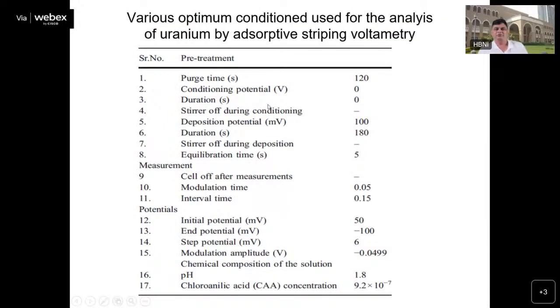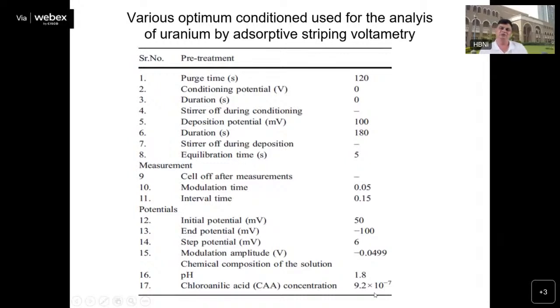see, these are the various parameters: the pulse time, conditioning voltage and durations, stirring during conditioning, deposition potentials and durations, stirring during deposition, equilibrium time, measurement cell after measurement, modulation time intervals. What I want to show you here is the pH.